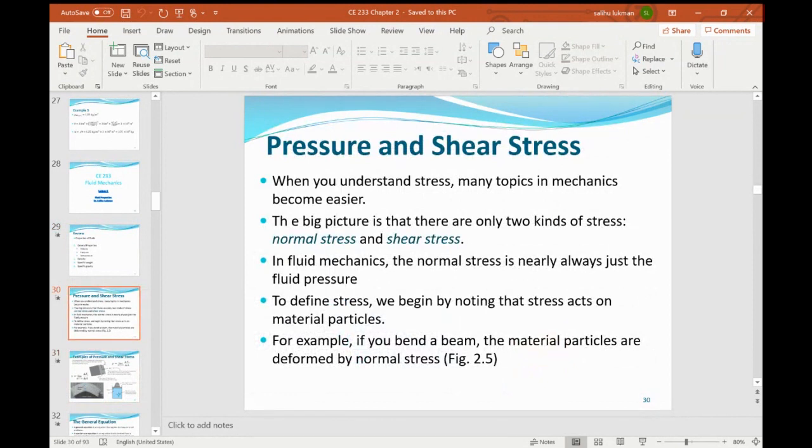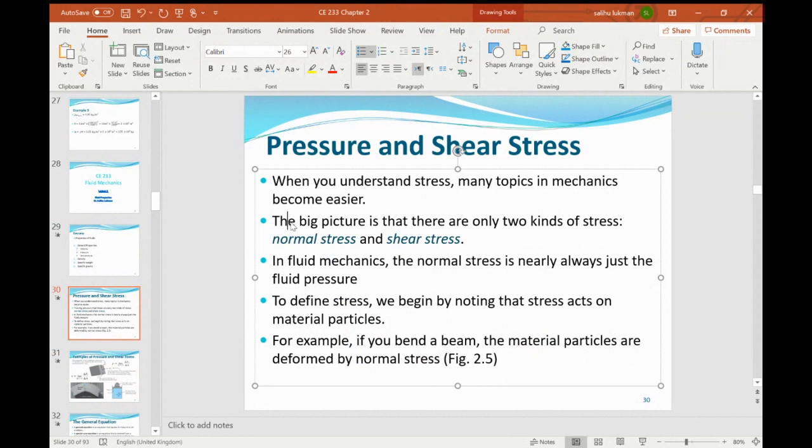When you understand stress, many topics in mechanics become easier, because stress is one of the most important aspects. Okay? The big picture is that there are only two kinds of stress. Normal stress and shear stress. This we explained before. In fluid mechanics, the normal stress is nearly always just the fluid pressure.